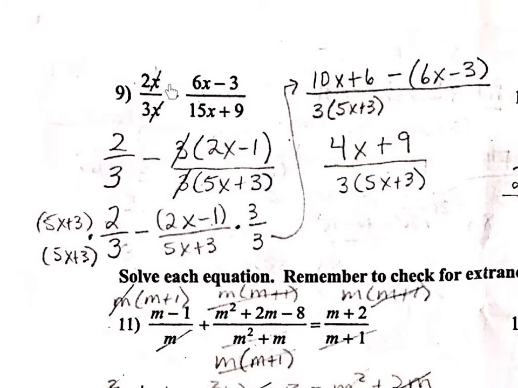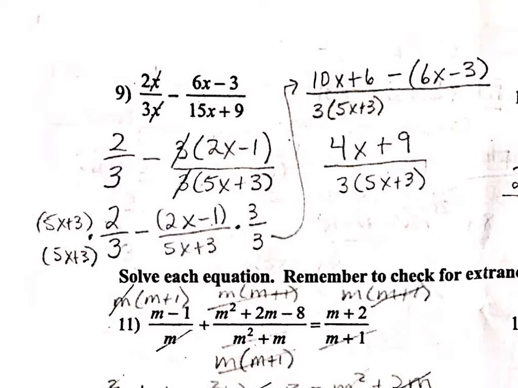In this fraction, I can reduce the x, so I take it out, and that leaves me with 2 over 3. Over here, I can factor these, and when I do, I get 3 times 2x minus 1 over 3 times 5x plus 3. This is how it factors. And what's cool about this is that it helps me eliminate some values, so I can eliminate the 3.